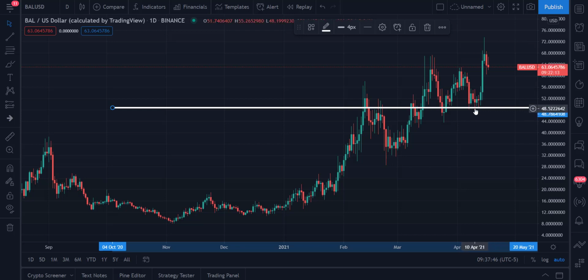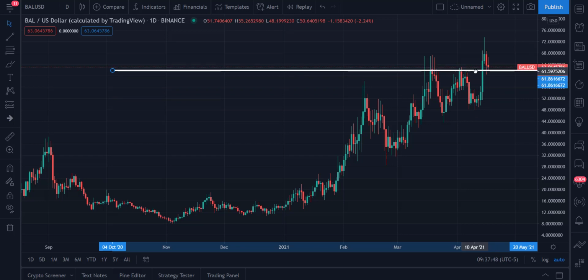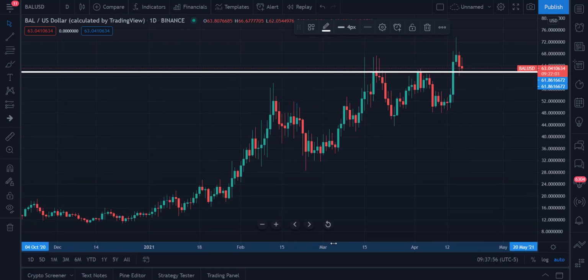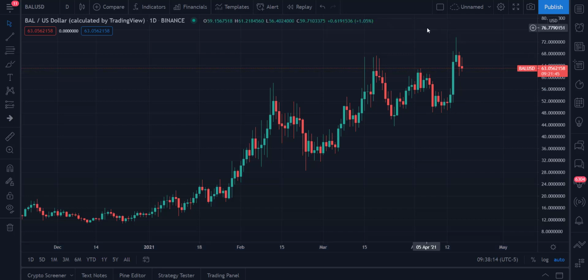I do think this region that we're in right now should end up playing as support as well. Doesn't mean it has to, but I would expect this to play as support. You know, this $62 range in this token. Price should just sort of tap out of that and go much higher. So certainly looks bullish to me.